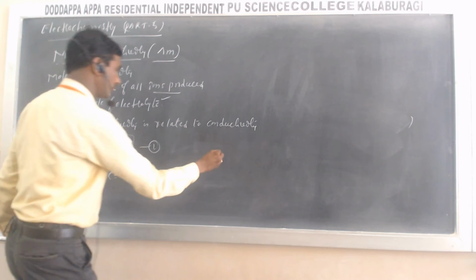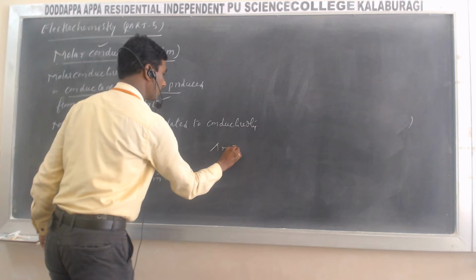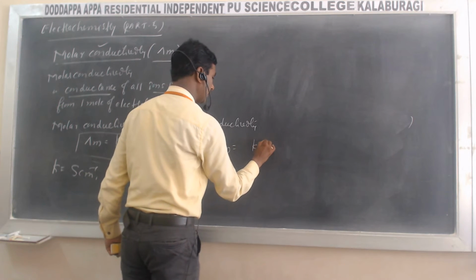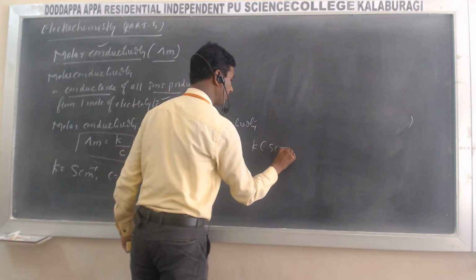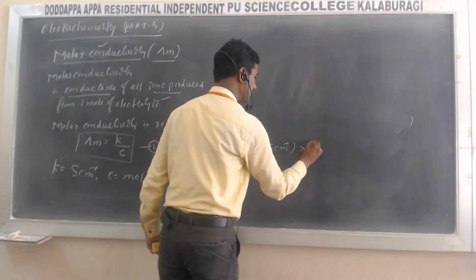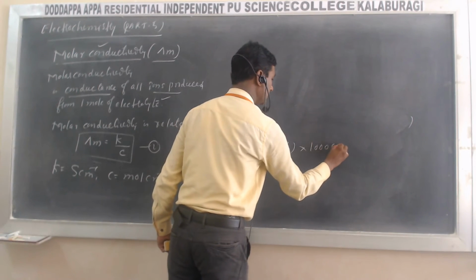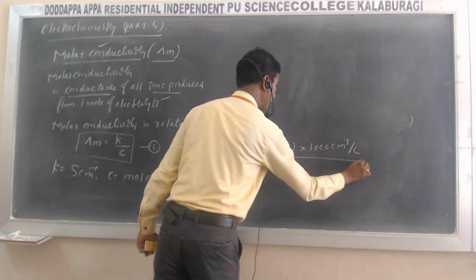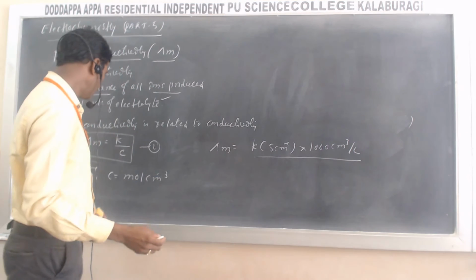Then molar conductivity is equal to conductivity, Siemens per centimeter, times 1000 centimeter cube per liter, divided by mole per liter.